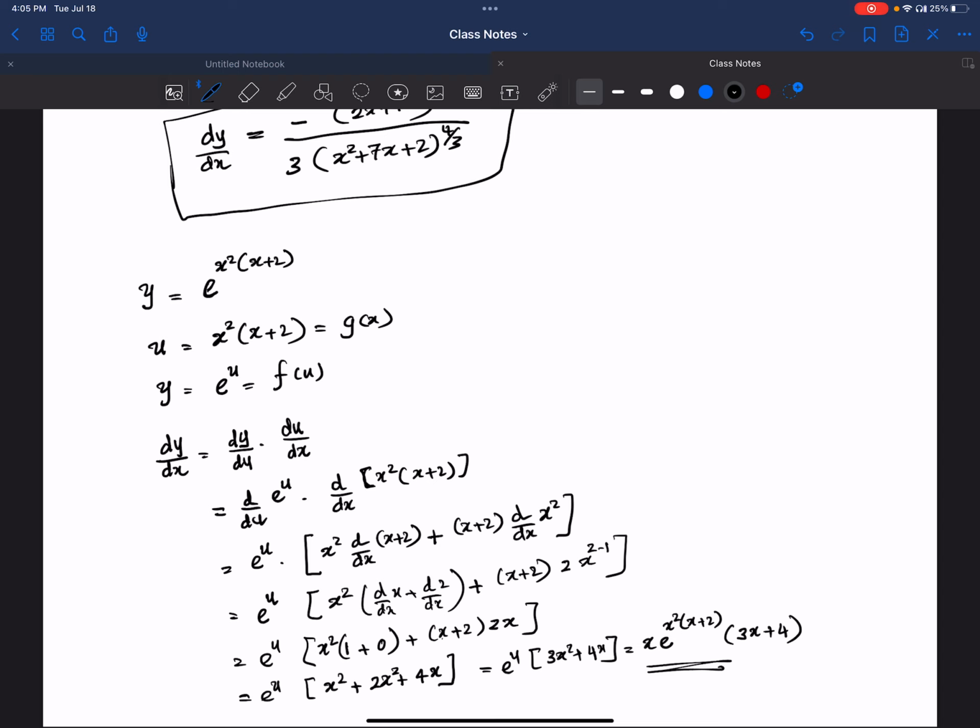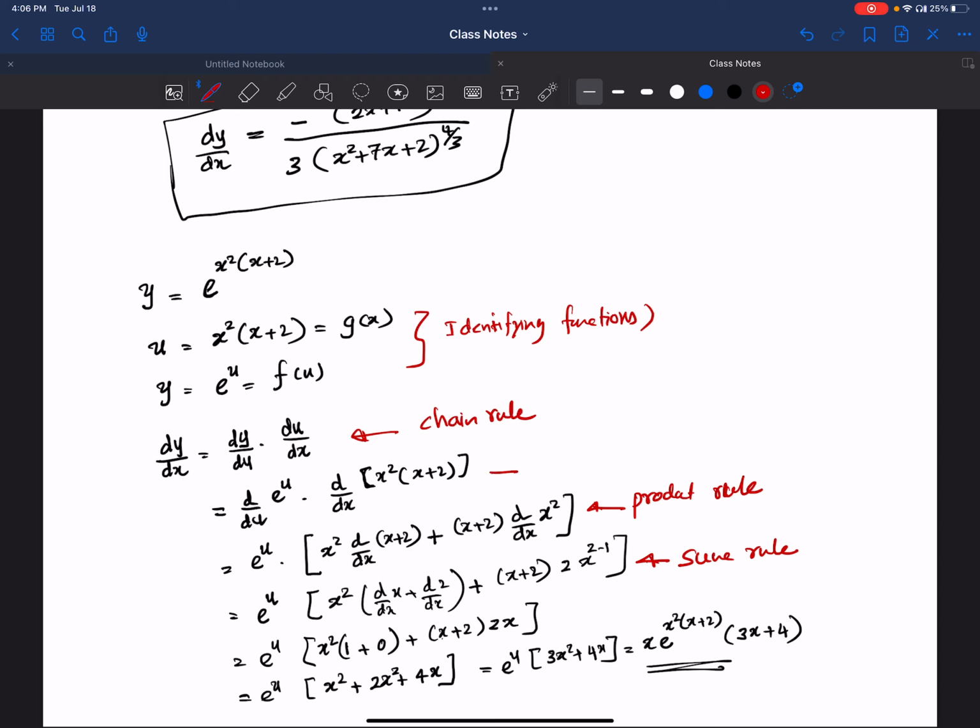Okay, we used here identifying functions, and then use the chain rule, and then use the product rule, and then here use the sum rule.